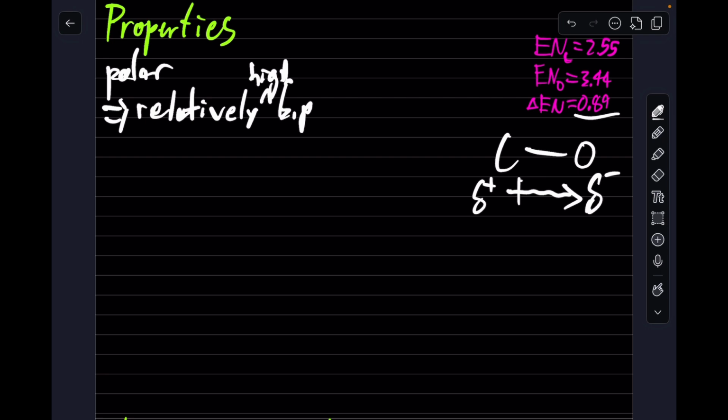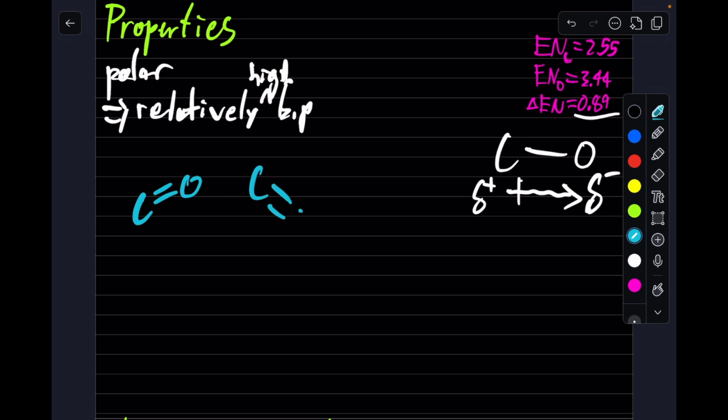So for simplicity, let's just have an example of C=O like this. Now, they experience dipole-dipole interactions, which basically means that the partially negative parts of one molecule interact with the partially positive parts of another molecule, like so.